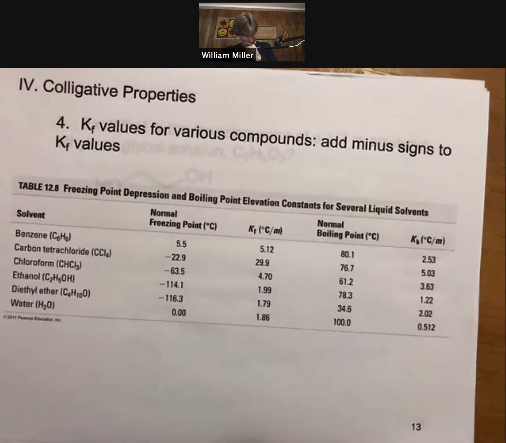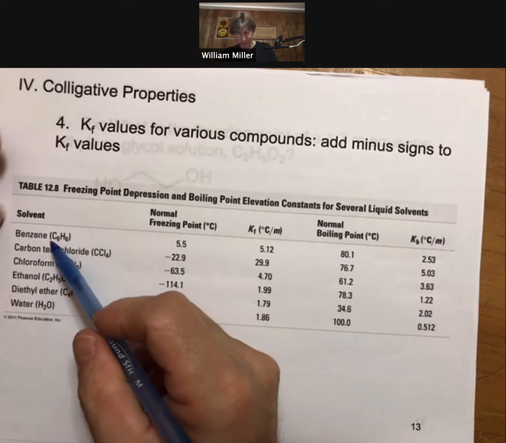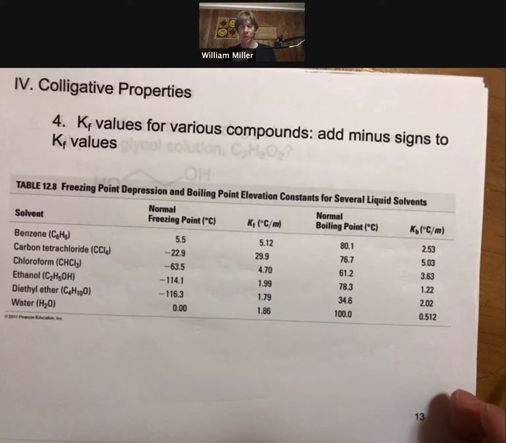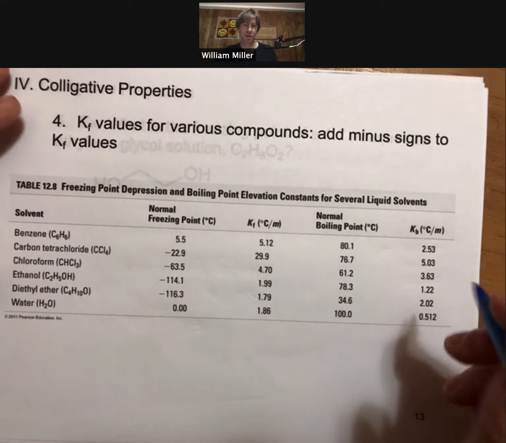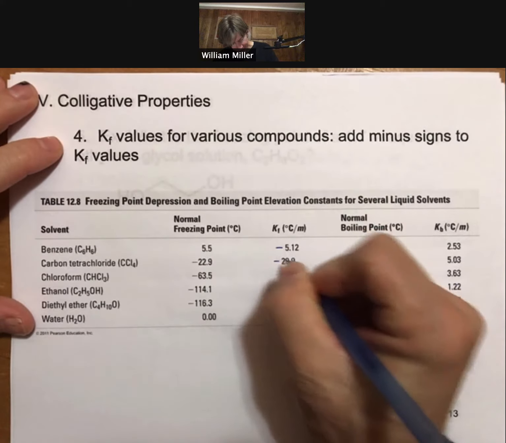And here are some different substances, some different solvents with their freezing point depression constants. And there is one thing that I do, and you will find this on your conversion and equation sheets, is that I do put minus signs in here.